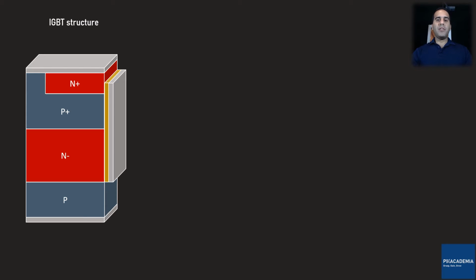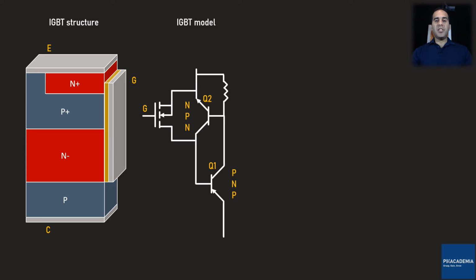This is the structure of an IGBT. It has three terminals called the emitter, collector, and gate. This structure can be modeled by this electric circuit. Here we have an N-channel MOSFET in parallel with an NPN BJT, and there is also a PNP BJT. You may first think that the combination of Q1 and Q2 makes a thyristor.